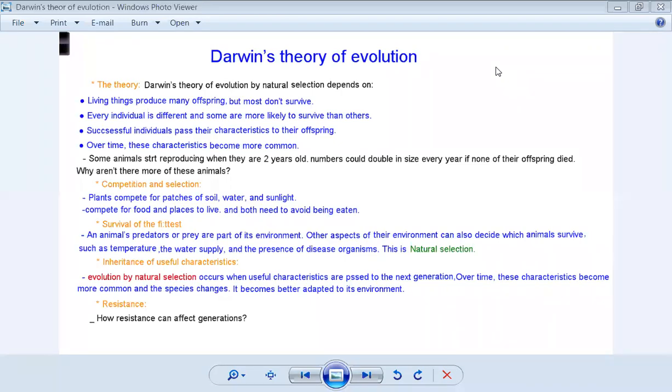These are more likely to pass to their offspring than the weak ones. Over time, these characteristics become more common.